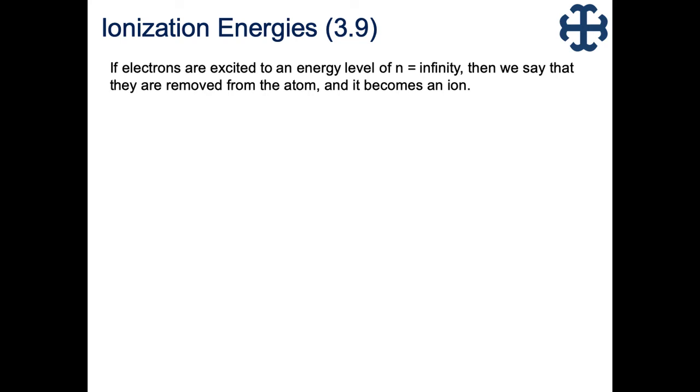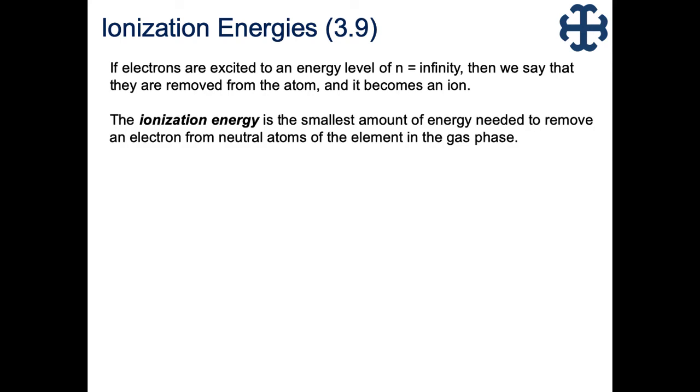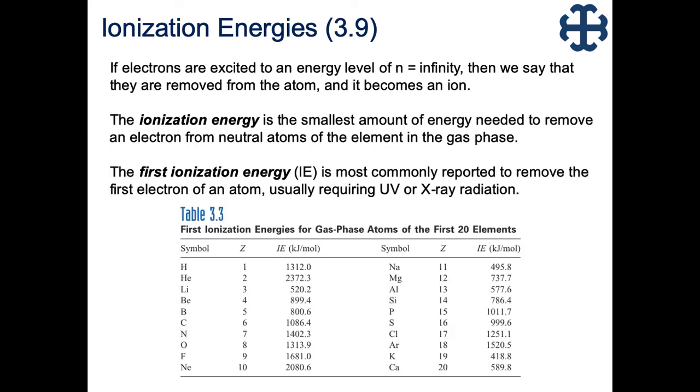But what happens if the n energy level that we excite an electron to is infinity? In that case, we would just say that the electron has been removed from the atom, and that atom then becomes an ion. The ionization energy is the term that we give to this, and it is the smallest amount of energy needed to remove an electron from a neutral atom of that element in the gas phase.